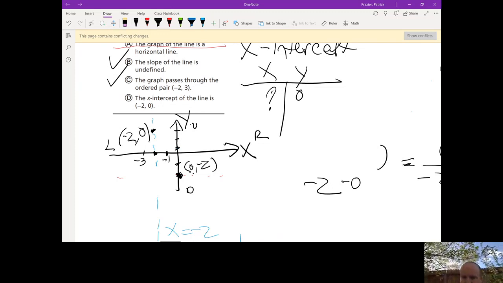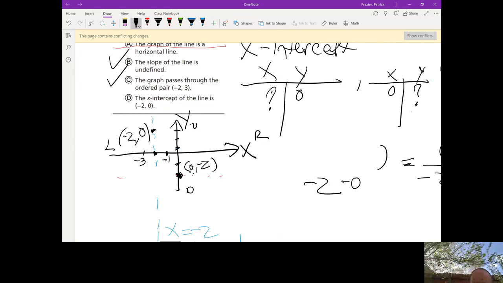The y-intercept, on the other hand, would be what I was originally saying: when x equals 0, what does y equal? On this graph, x never equals 0. X is always -2. So even if it asked us what the y-intercept was, there is no y-intercept.